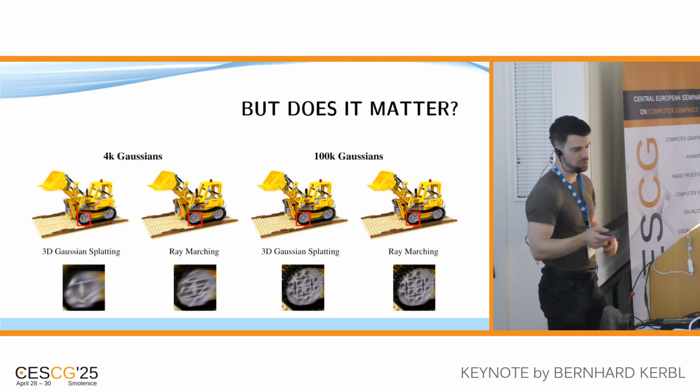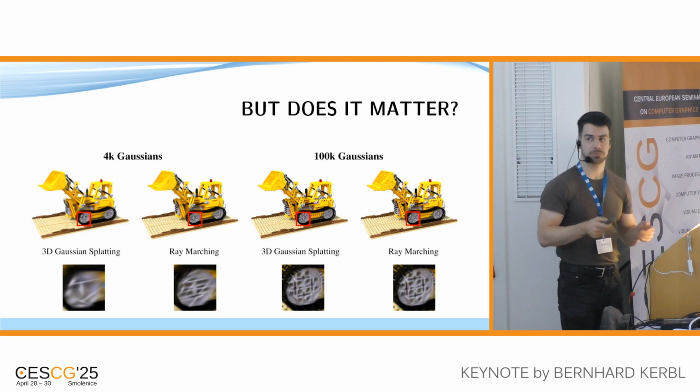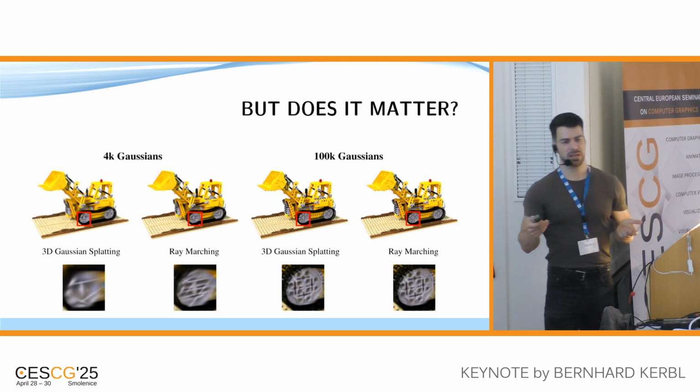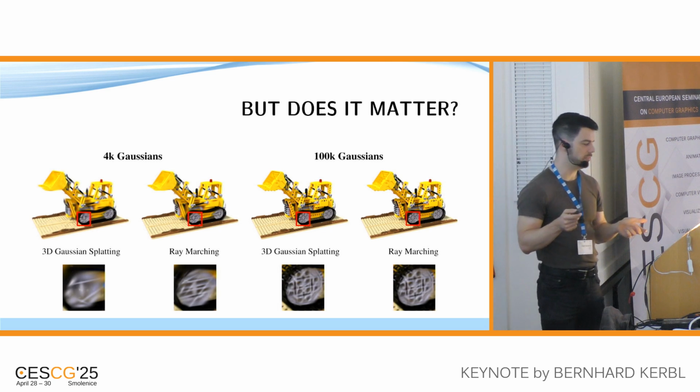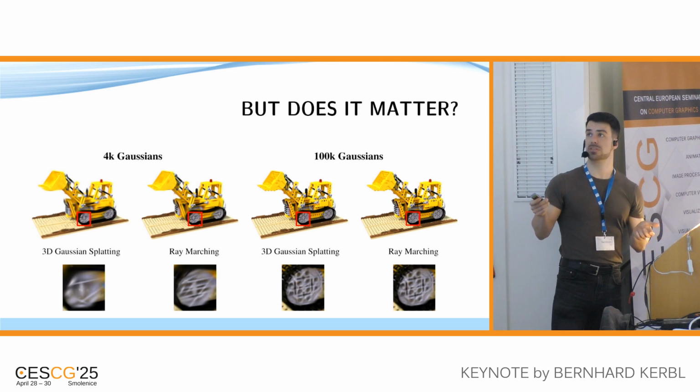Now, coming back to the point of low urgency, as I said, 3D Gaussian splatting was already working quite well. So does it actually matter?